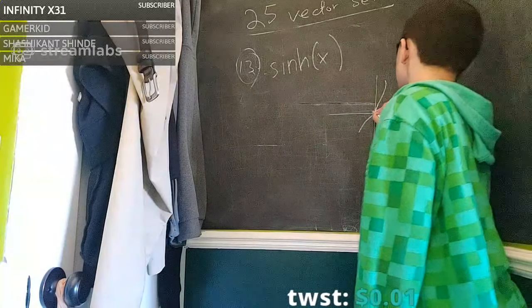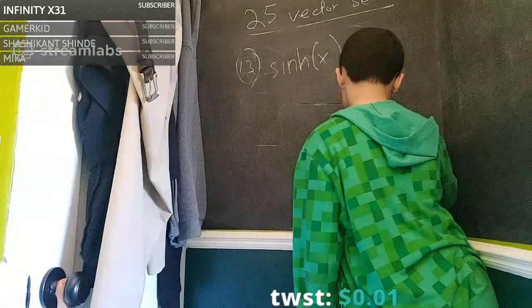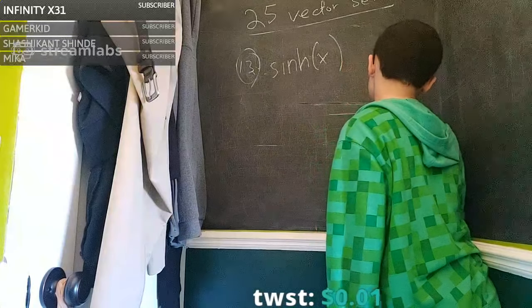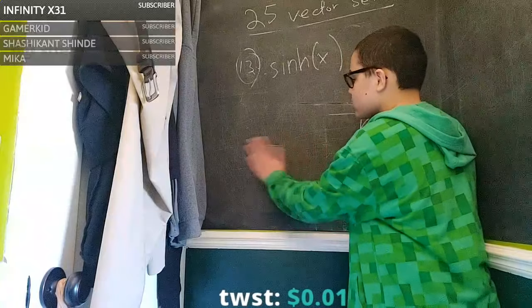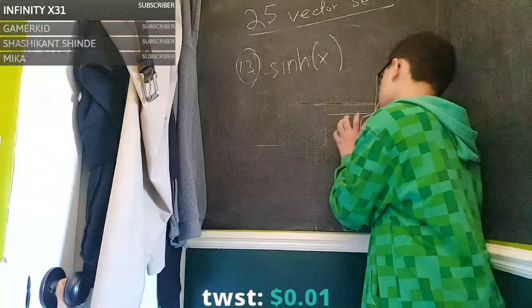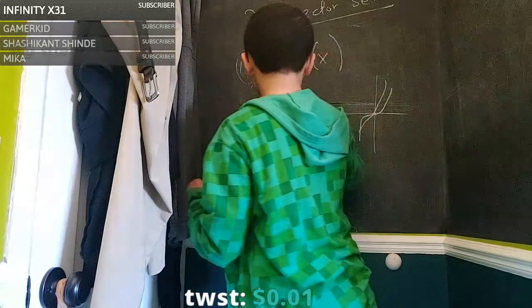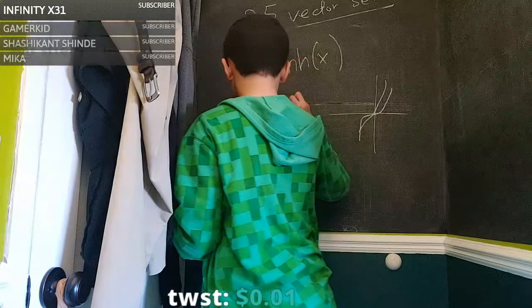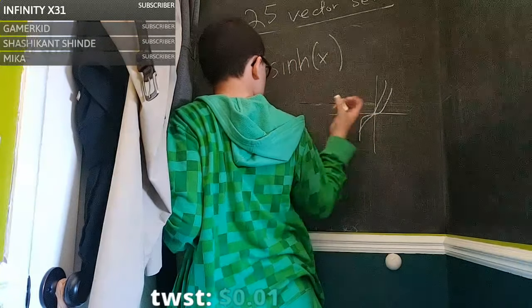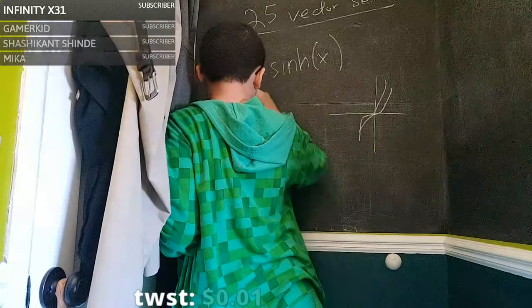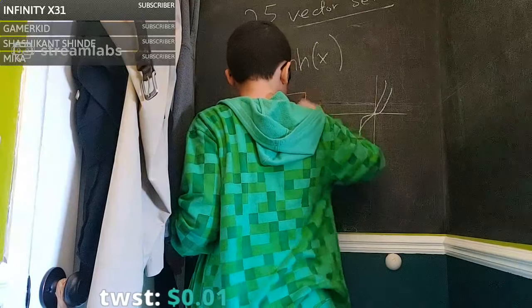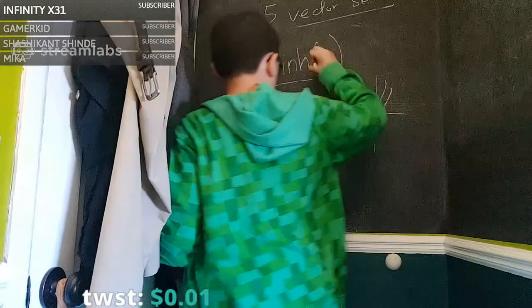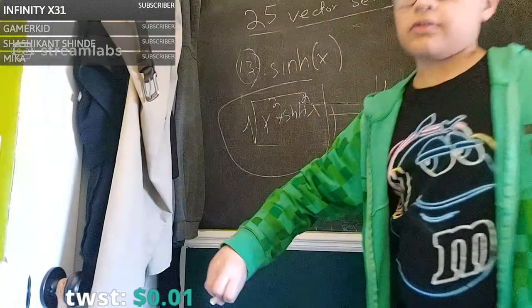This function looks oddly similar to x cubed. So what I'm going to do is treat this like a power function. Because we can treat it like a power function, and this is not periodic, there. That's my answer.